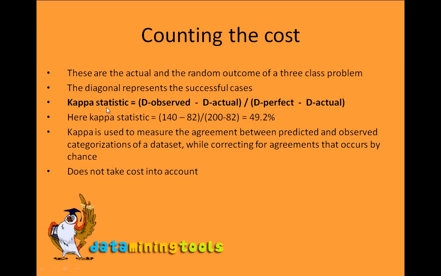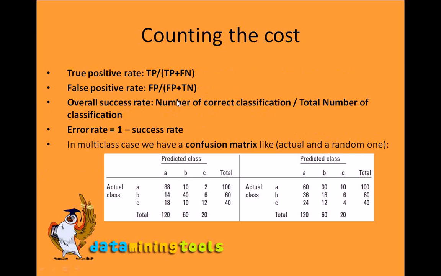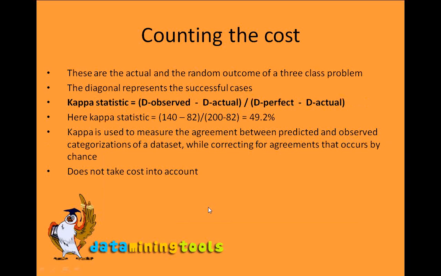Now we come to kappa statistic. Kappa statistic is equal to D observed minus D actual upon D perfect minus D actual. D here represents the number of integers in the diagonal. So if we talk of D observed in the previous case, D observed will be 88 plus 40 plus 12, that is 140, and D actual is 82.